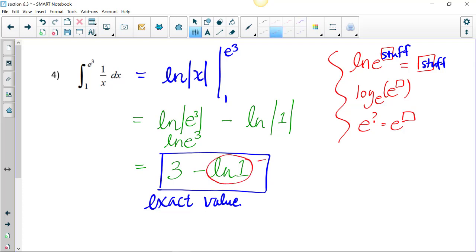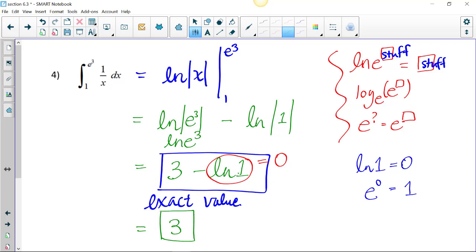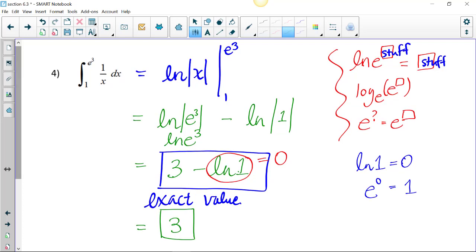The natural log of 1 is equal to 0. Okay, so that's another thing to keep in mind. The natural log of 1 is 0, and e to the 0 is 1. Remember, they're inverses. So actually we could go one more step. So that would be 3 minus 0. That would give me an exact value of 3.